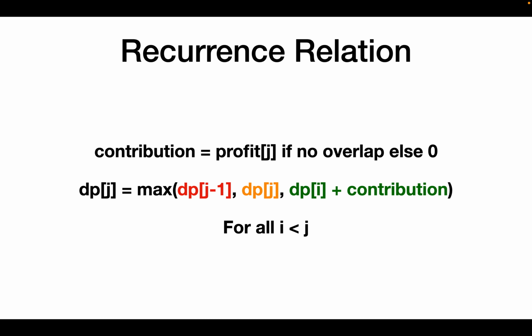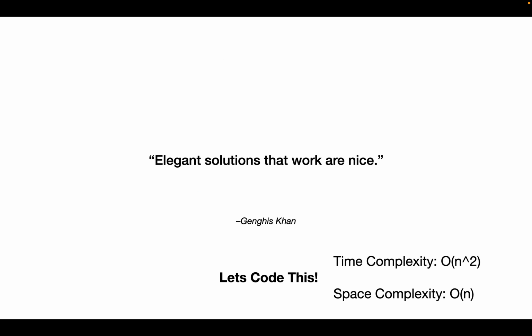And we consider all three of those scenarios for all i less than j. Let's take a look at this solution in code. It will be more clear, I think, than just looking at the recurrence relation.